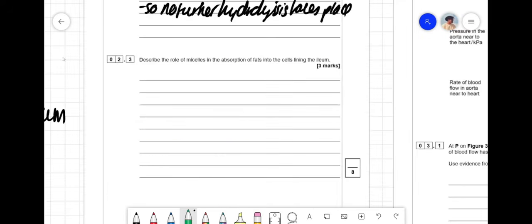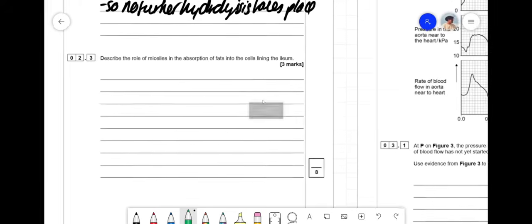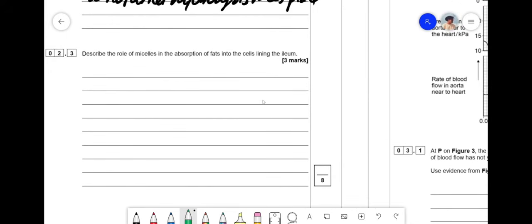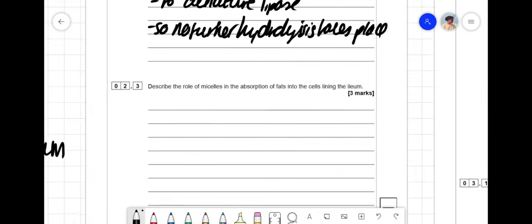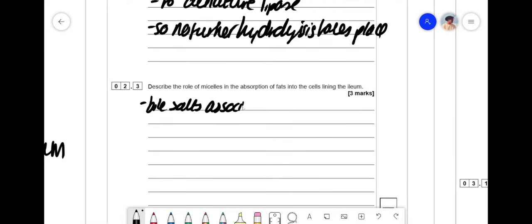So now to answer this question, how would we write this in a more effective way? You can say that bile salts associate. That's a nice way of saying mixes with, but it's not really bonding with.